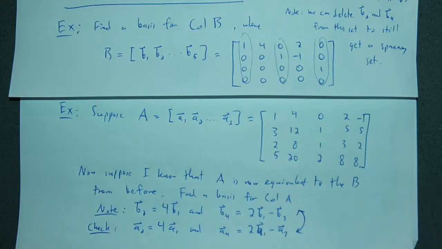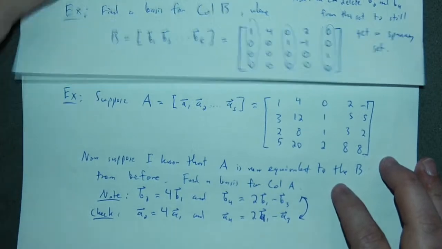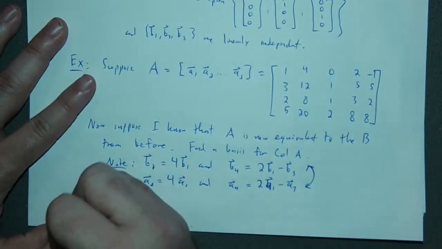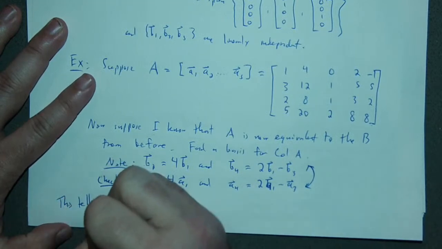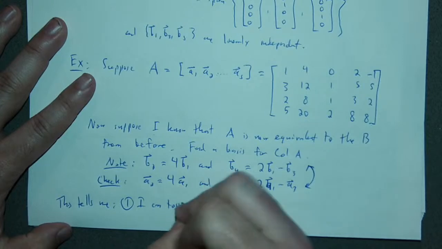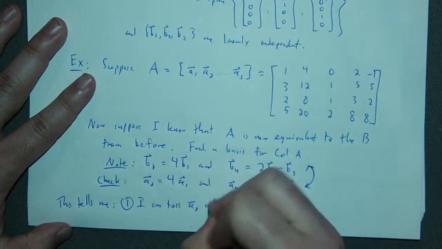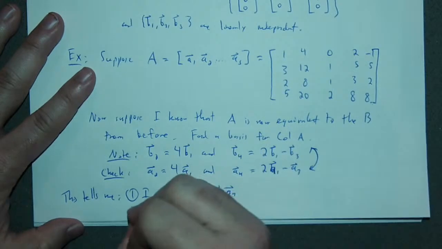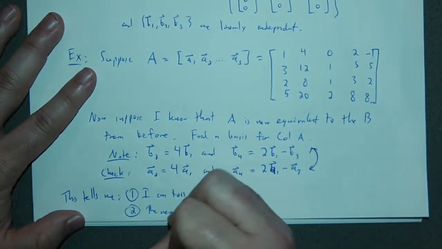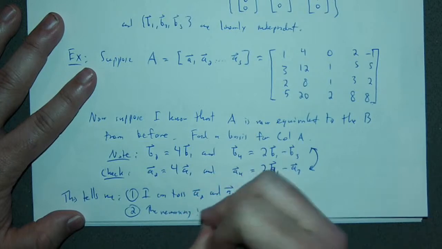And so this tells me two things. One, I can toss A2 and A4, and two, the remaining columns are linearly independent.